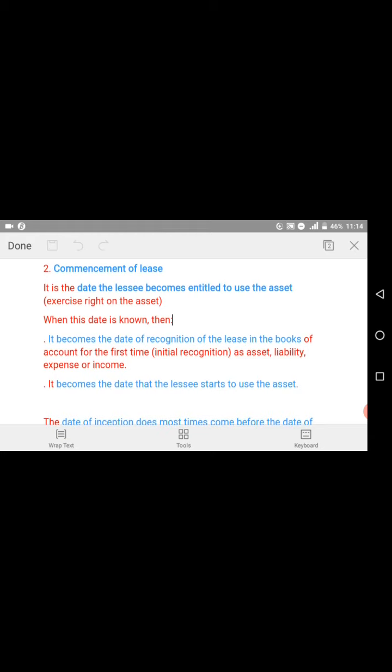When this date is known, then that's when the date of commencement of lease is known, then it becomes the date of recognition of the lease in the books of accounts. Initial recognition, that's for the first time, as either assets, liabilities, expense, or an income.